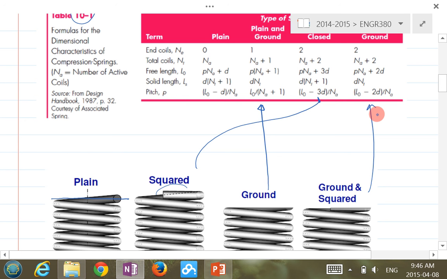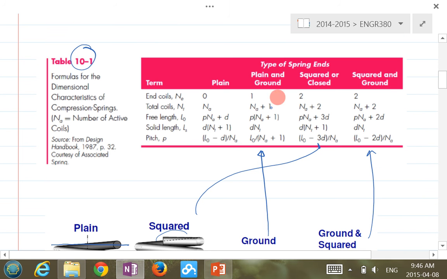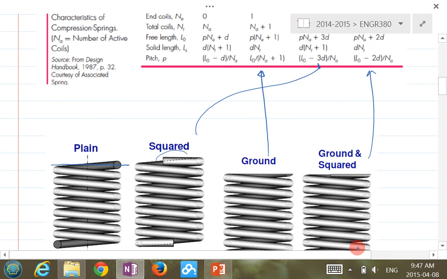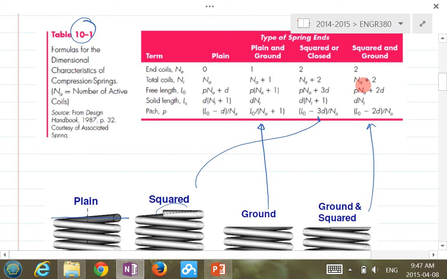So when you read the question, you read it carefully, see what kind of spring you're dealing with, and then look at the corresponding column here to find the proper formula. For example, look at the total number of coils NT. If it's squared and ground, then NT equals NA plus 2, right? So if you count the number of coils, you get NT, then NA should be NT minus 2.